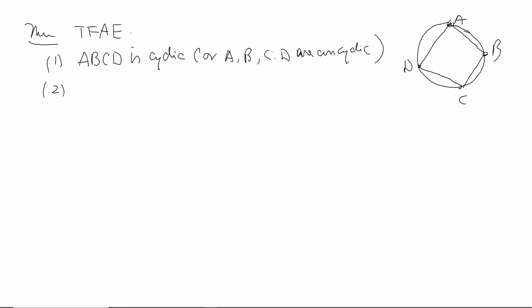Second is this, angle A plus angle C equals 180, or angle B plus angle D is also 180. You just need a pair of opposite angles adding up to 180 degrees. That will force the quadrilateral to be cyclic.